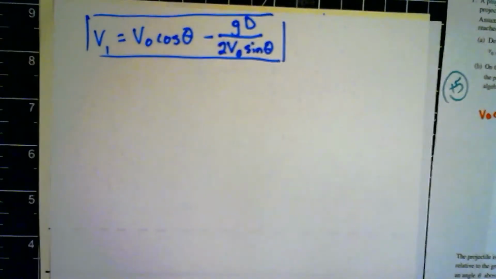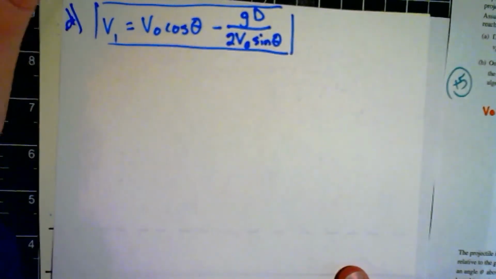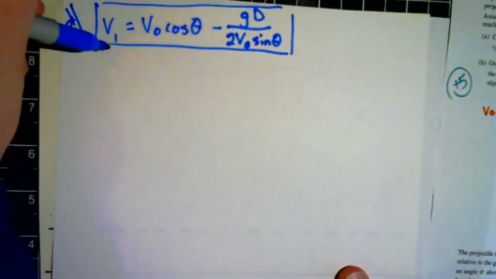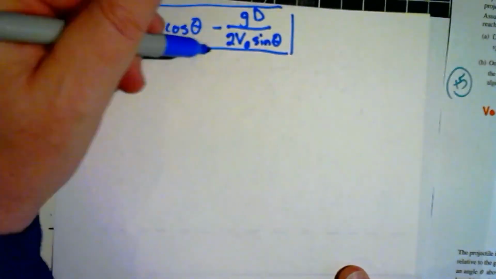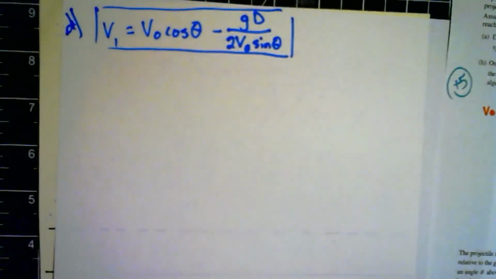All right, and that's your solution for v1. And guys, if you have some other kind of solution that did solve for v1, but this looks different, as long as it's mathematically equivalent, you're fine. You don't have to substitute and reduce, make everything look the same. Just as long as you solve for v1 in an appropriate way. That's all you need.